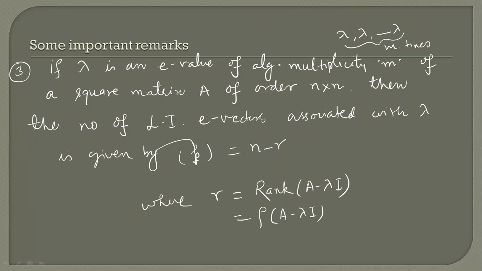P is the number of linearly independent eigenvectors, and P will always lie between 1 and M.